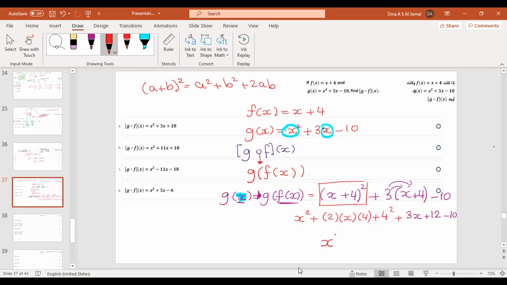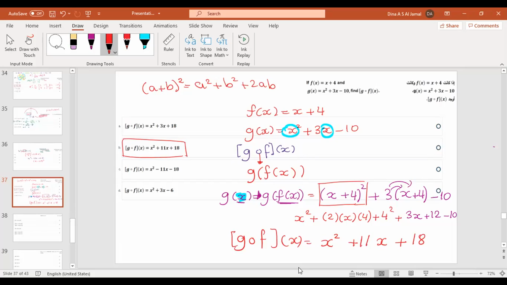You will be getting x squared plus 11x plus 18. So your g of f of x, let me just prepare it for you, will be x squared plus 11x plus 18. Great. With this, focus on the rules and you will be able to solve it easily.